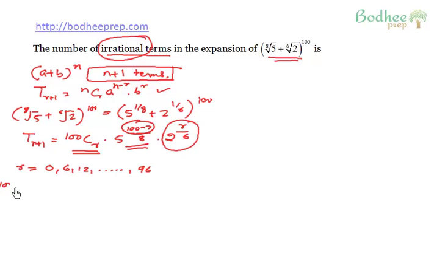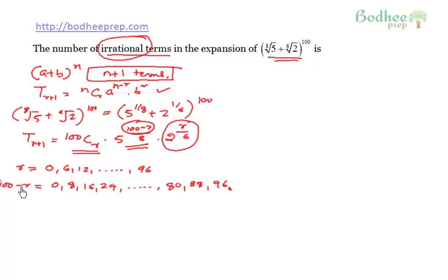So 100 minus r must be of the form 0, 8, 16, 24, and so forth, till 80, 88, 96.